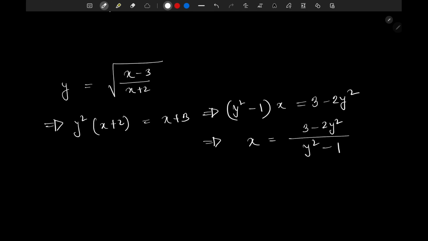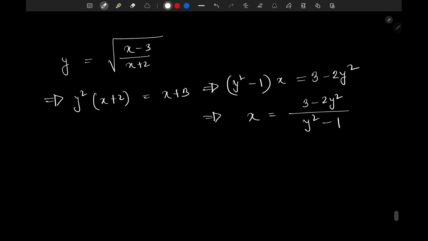As you can see, this time you don't get any square roots in the fraction, so you can just demand y squared minus 1 is not equal to 0. That gives you y is not equal to plus or minus 1. So apart from plus or minus 1, all the real numbers are the range of this function. All right.